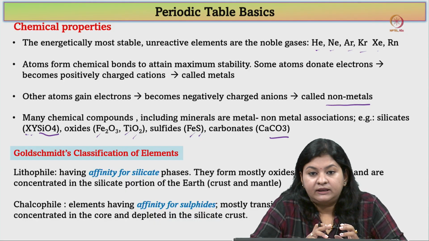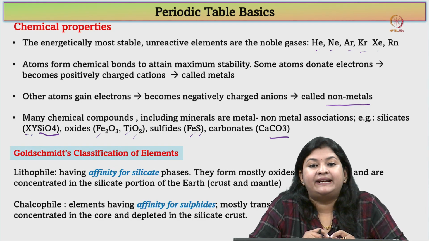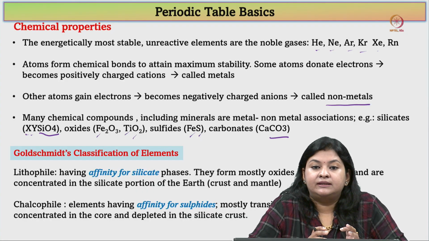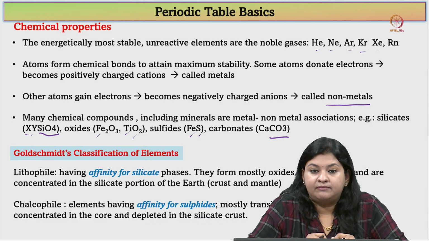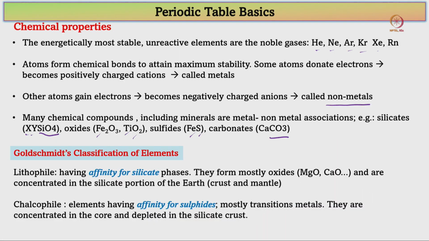Now, even when forming these minerals, there are particular tendencies for the different elements. For example, certain elements are called lithophile elements. What do we mean by that? Lithophile means they have an affinity for silicate phases.